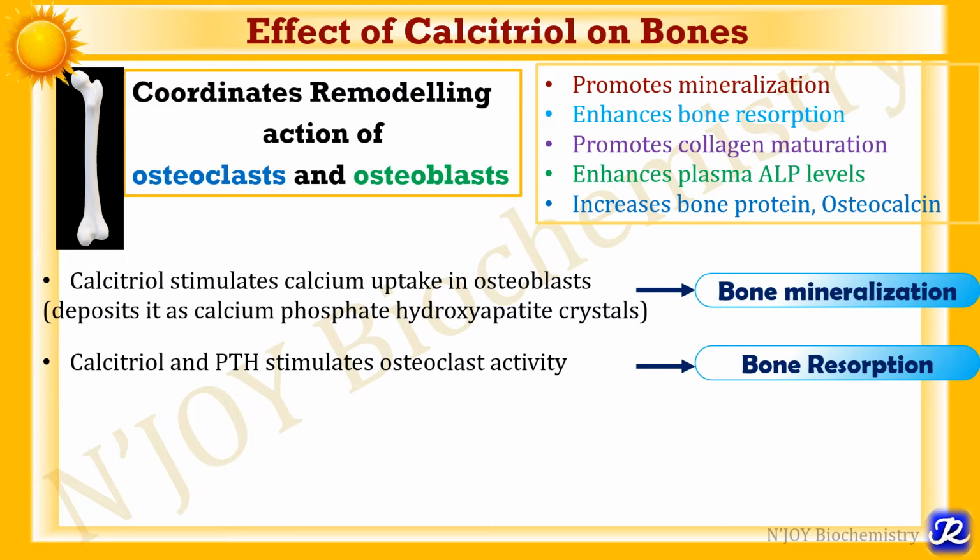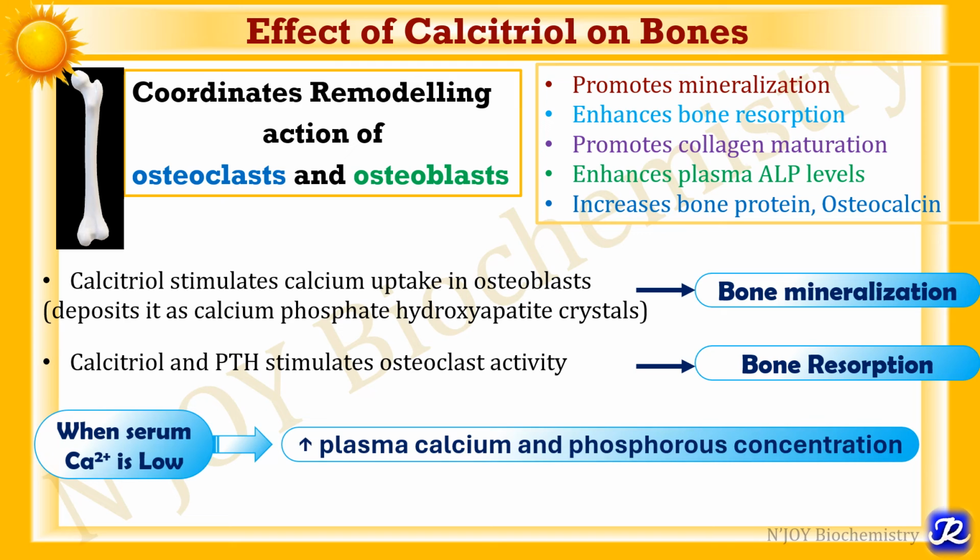But since bone formation and bone resorption are closely coupled, the net effect of action of calcitriol on bone and intestine results not just in the elevation of plasma calcium and phosphorus concentration but also the subsequent mineralization of newly formed bone matrix. So whenever there is low serum calcium level, the calcitriol acts on bone and ultimately there will be increased plasma calcium and phosphorus concentration.